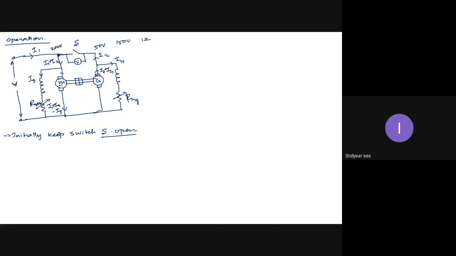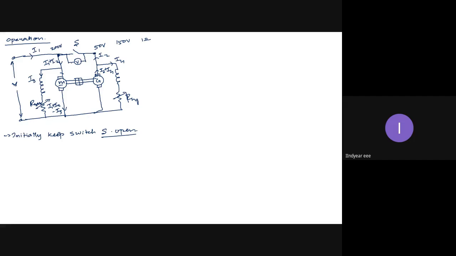That will create a dead short circuit between the two armatures of the machines, which is also known as circulating current in the loop. So there should never be circulating current in this loop. The current flowing between motor and generator in this loop should always be zero, or else it will create a short circuit. So how to make it zero? The potential difference between motor and generator terminals should be equal.